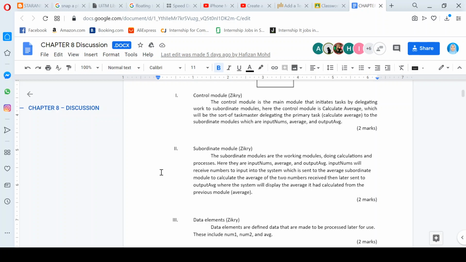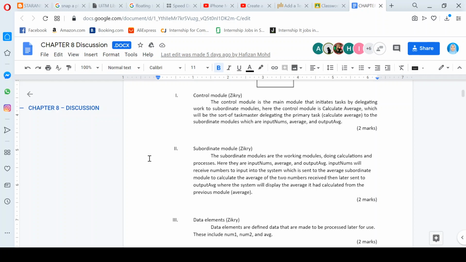Okay, if you still remember in the video, I did mention that structure charts is one of the important topics because soalan ni selalu keluar di dalam soalan final. Jadi kamu perlu tahu macam mana nak lukis structure charts.